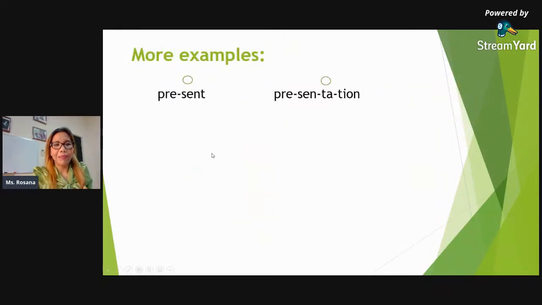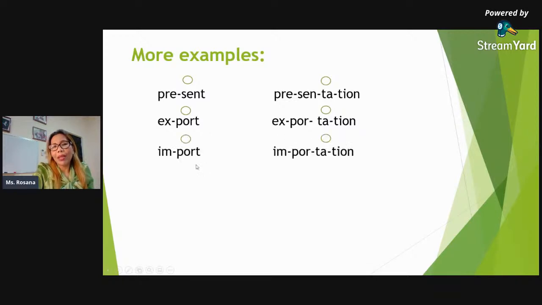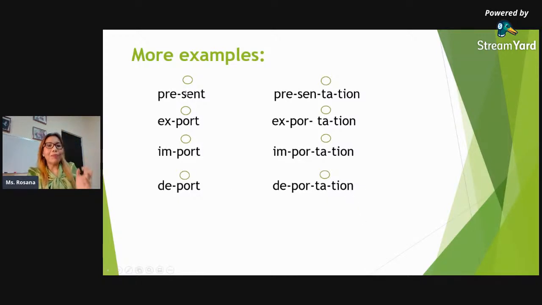We say present, presentation, export, exportation, import, importation, deport, deportation. Okay, so you can see that the two syllable words here are stressed on the second syllable, right? And the four syllable words are stressed on the third syllable.